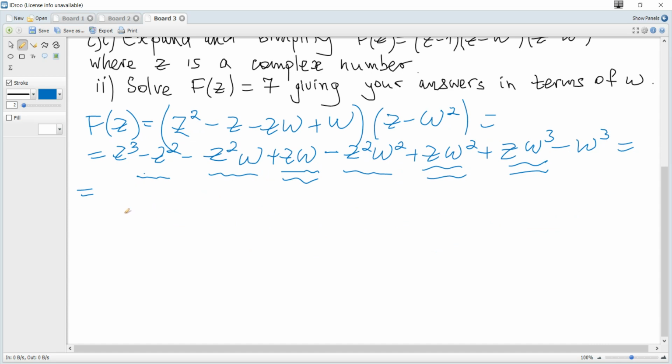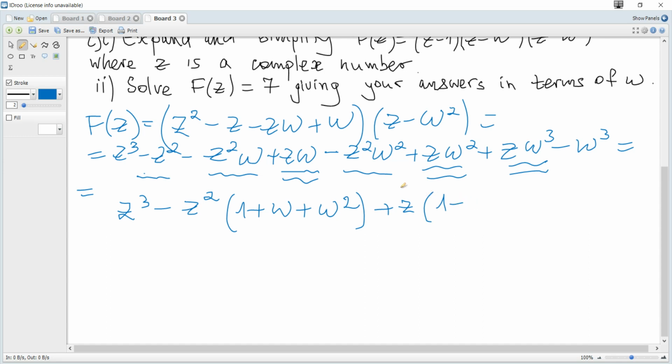And it becomes z cubed minus z squared times 1 plus omega plus omega squared, plus z times 1 plus omega.